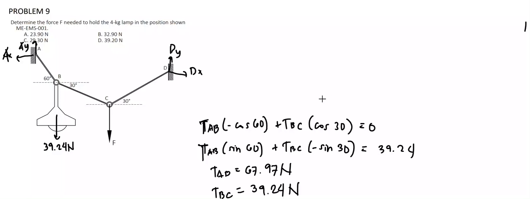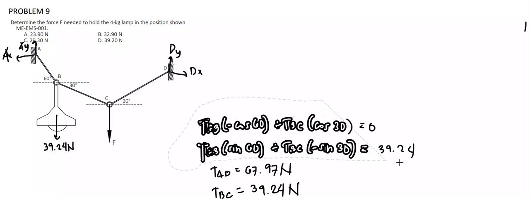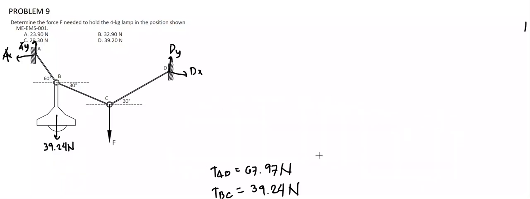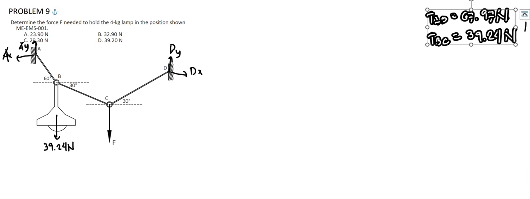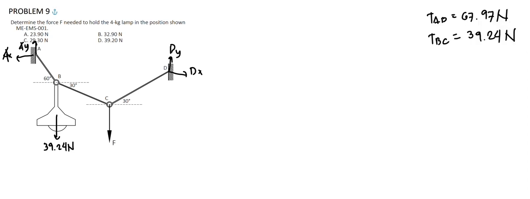Okay, now we have the values for the tension AB and BC. We can now proceed solving tension CD and F by considering joint C. So at joint C, we have a missing force F that we want to solve, and tension BC with a value of 39.24 newtons, that is acting at an angle of 30 degrees.